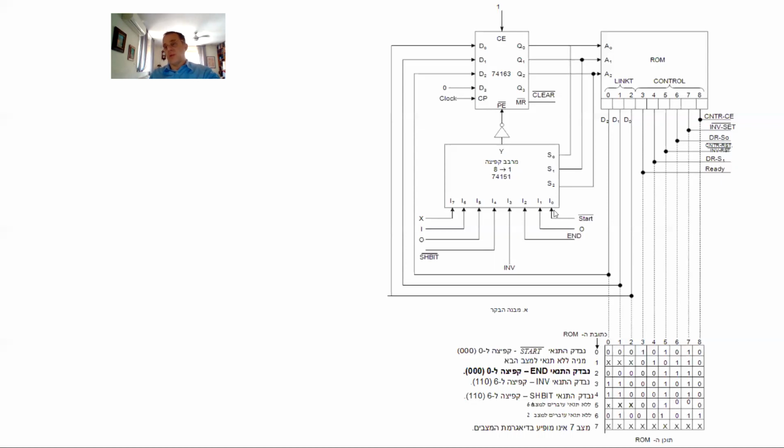I've got to implement the start indicator. Do start. So I'm going to enable the parallel load, sorry, getting myself confused. The normal thing to do is, if I don't have a start command, then this will be enabled.